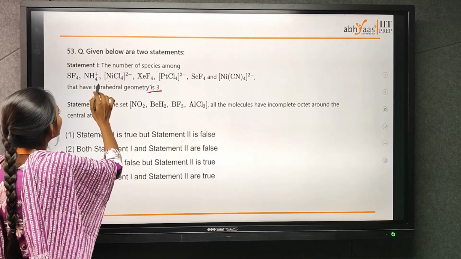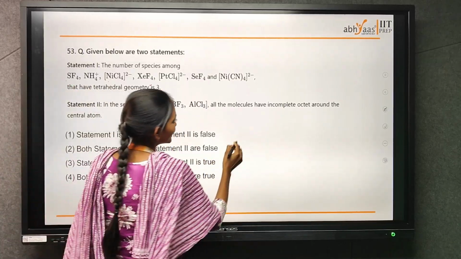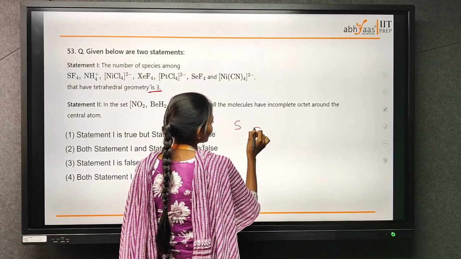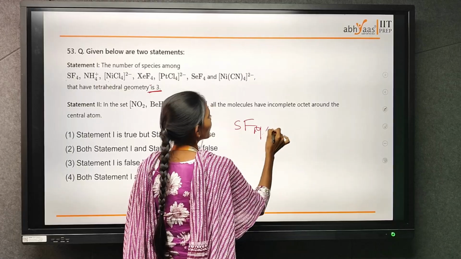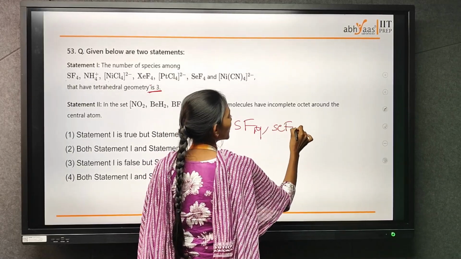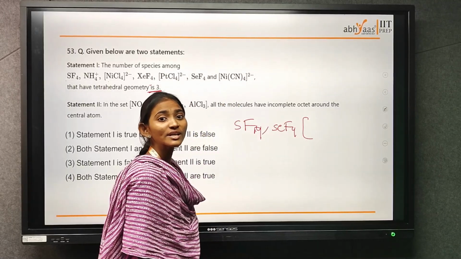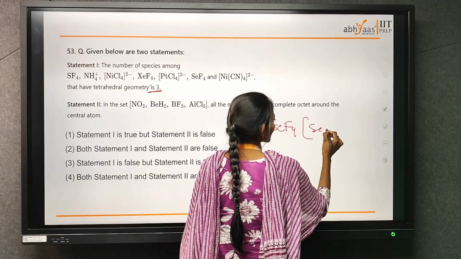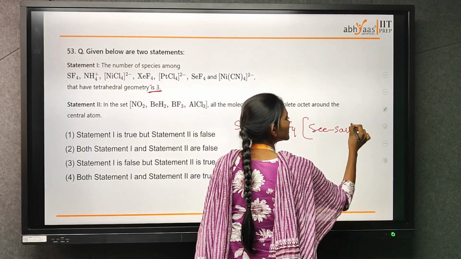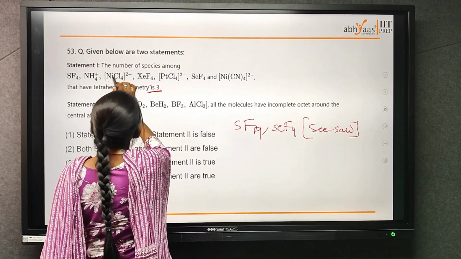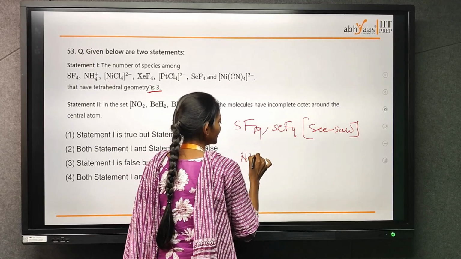Let's check. SF4 and SeF4, which shape are those? Seesaw. And ammonium and nickel chloride are tetrahedral.